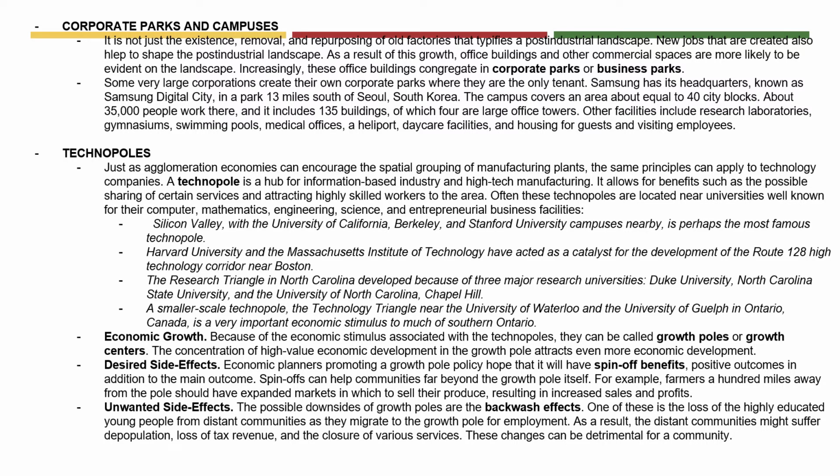employees. Just as agglomeration economies can encourage the spatial grouping of manufacturing plants, the same principle can apply to technology companies. A technopole is a hub for information-based industry and high-tech manufacturing. It allows for benefits such as the possible sharing of certain services and attracting highly skilled workers to an area.